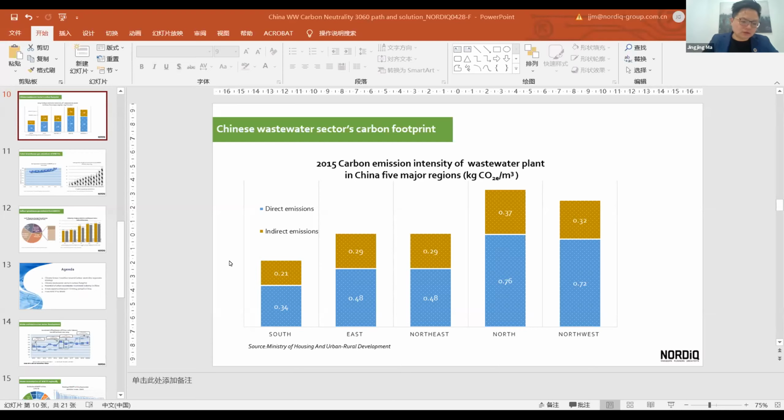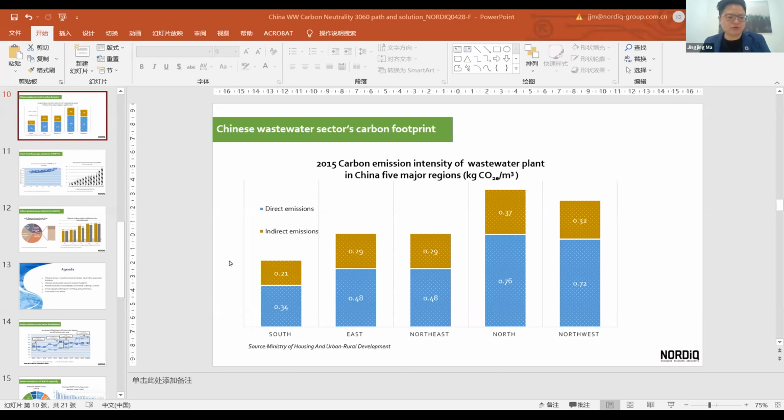Yeah, this is what we also found after a lot of analysis and interviews. First, it's a bit difficult for us to get a direct power consumption per unit of wastewater, no matter where.